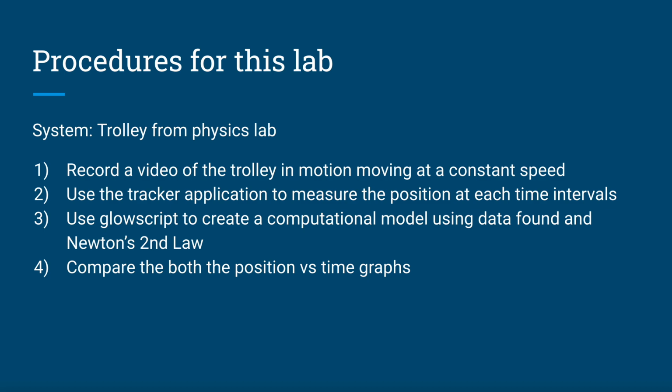Once we have this tracked, we can use that data and make a GlowScript application to create a computational model using the data that we just found. And then lastly, we can compare both the experimental model and the simulation that will predict the trolley, and we can make position versus time graphs for both.